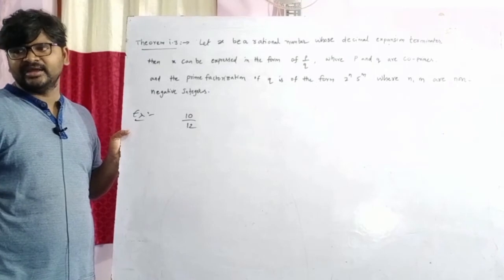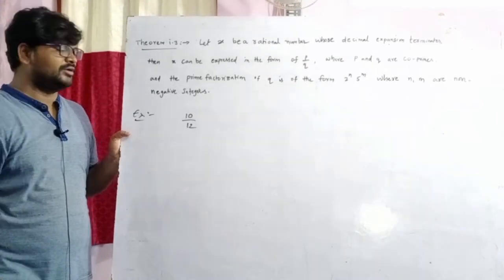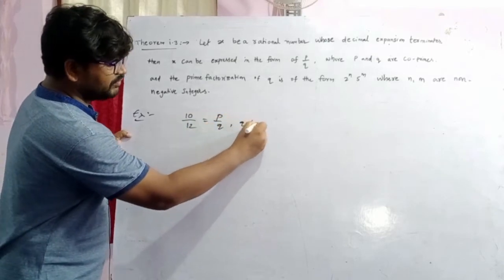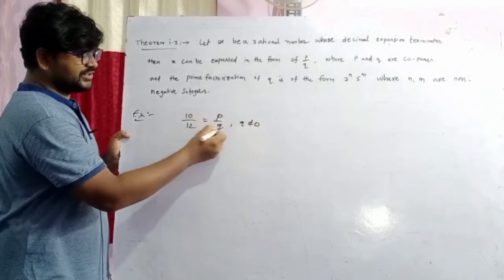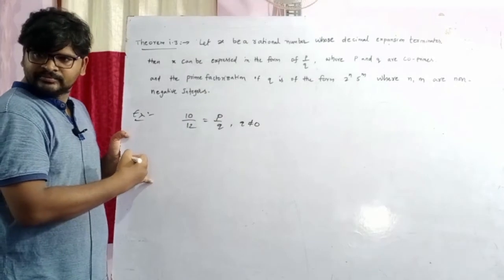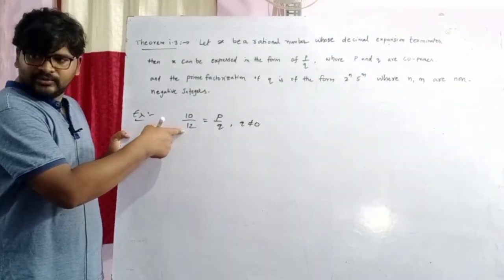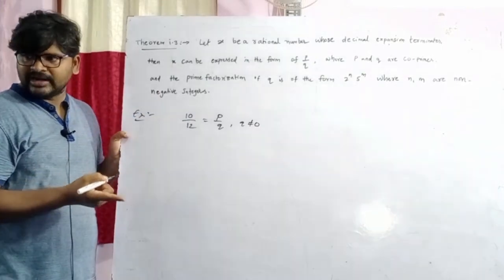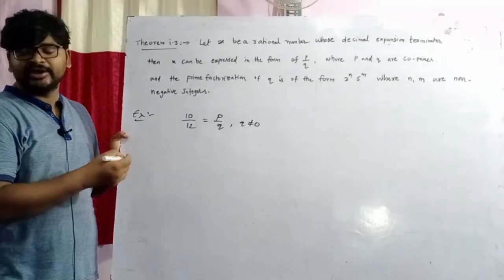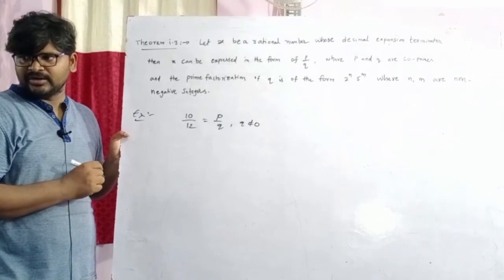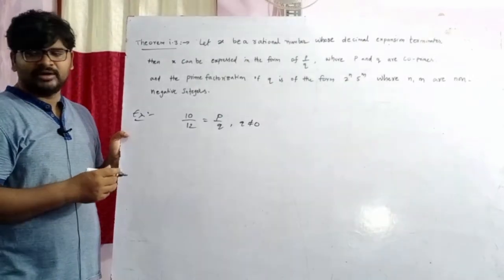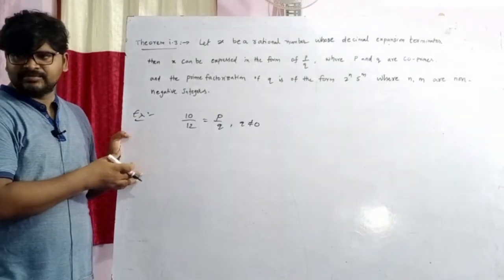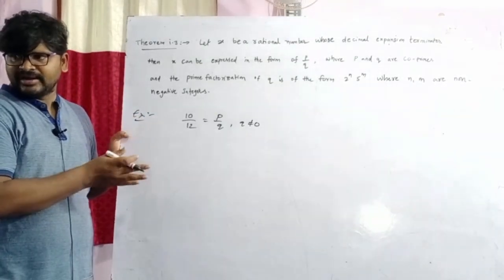For example, is 10 by 12 terminating or not? Here p equals 10, q equals 12, and q not equal to 0. We check whether q is of the form 2 power n into 5 power m using the prime factorization method, which we discussed in the previous class for finding LCM and HCF.